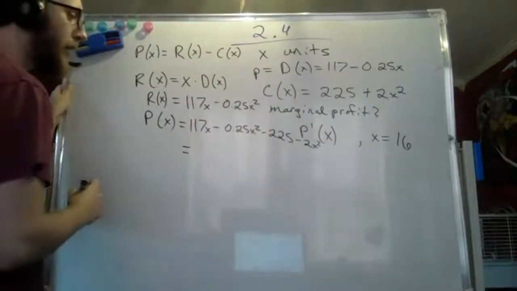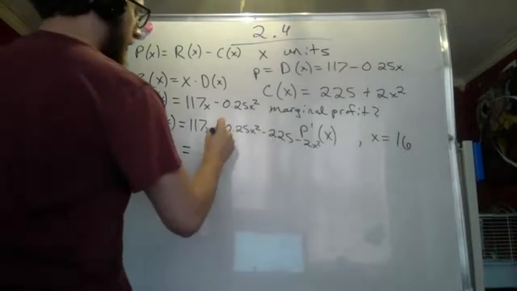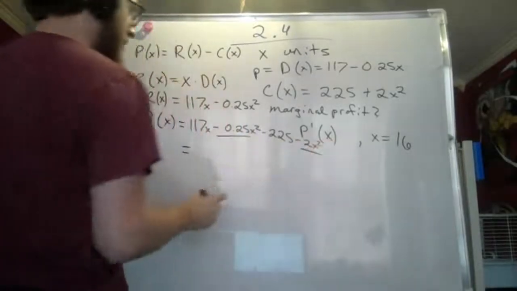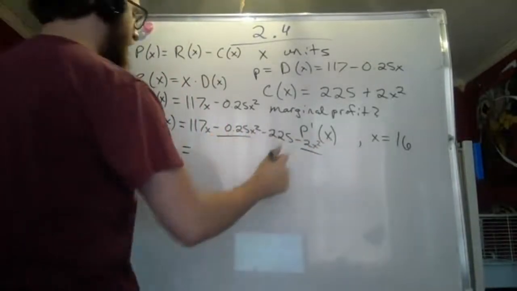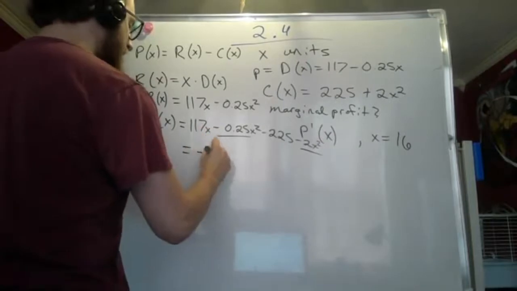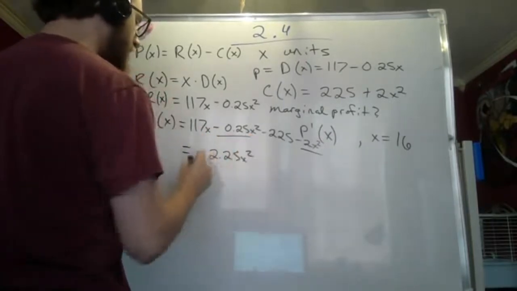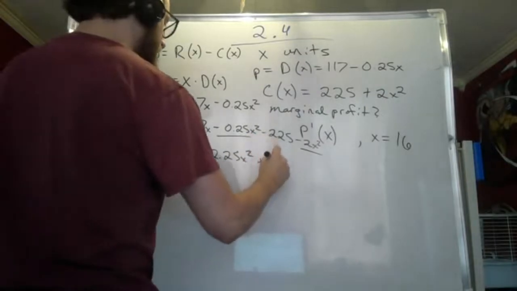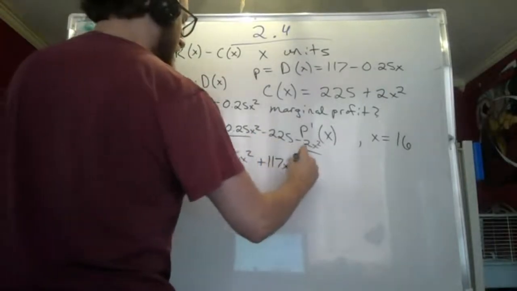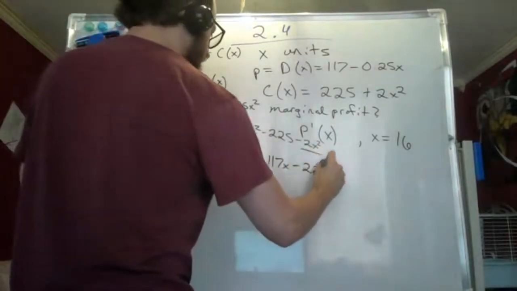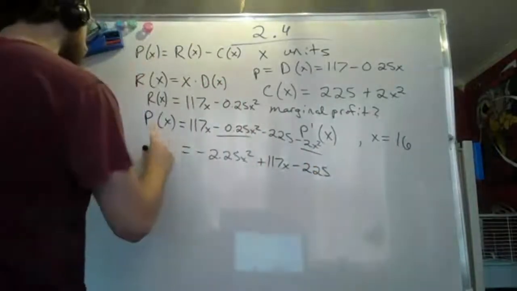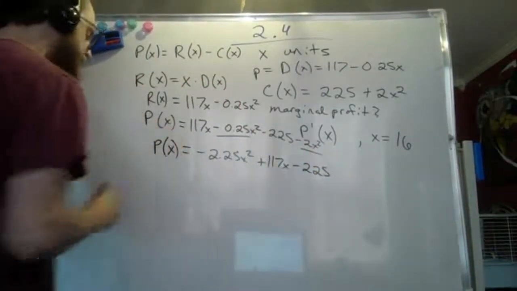So we can go ahead and combine like terms. We've got two squareds here. So negative 0.25 minus 2 is going to give us negative 2.25x squared plus 117x minus 225. All right, so there's our profit function.